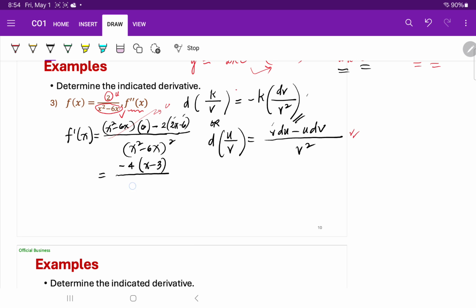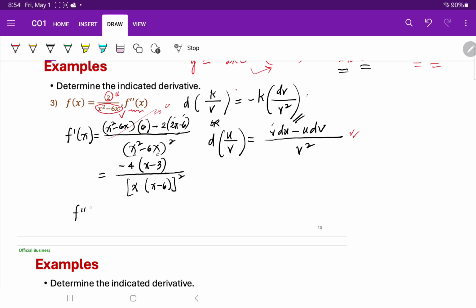Then, in the denominator, you have x, factor out x, and you get there what? x times x minus 6, right? We factor out here x. So, you have x times x minus 6. But this must be what? Squared.